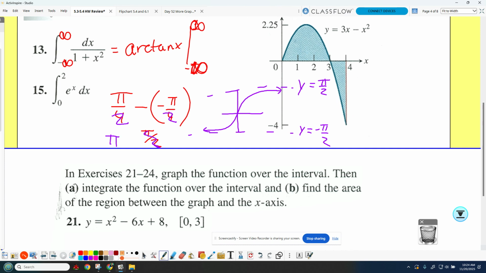So I can integrate this shape, not arctan, but that shape's area under the curve for all of time, negative infinity to positive infinity, and it comes out to be a finite number, pi.